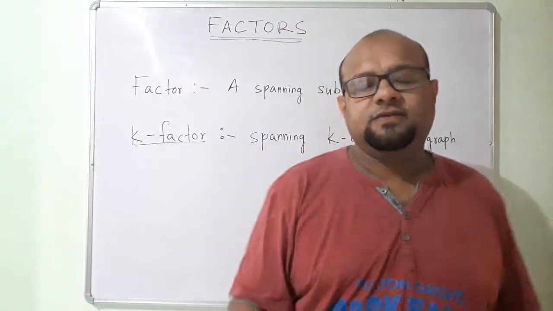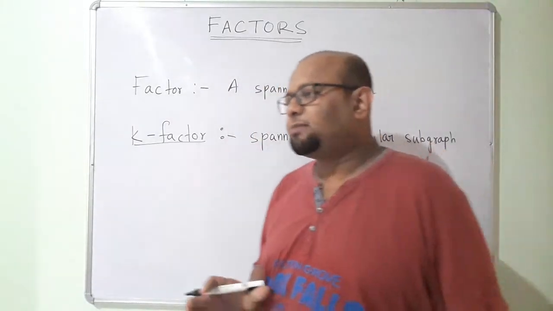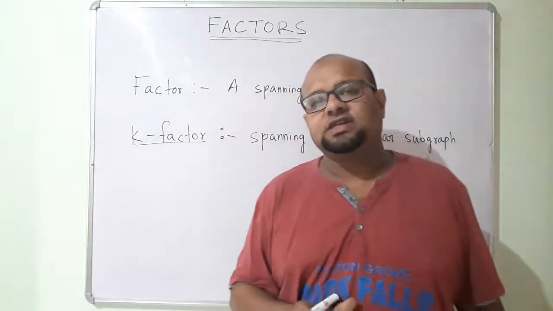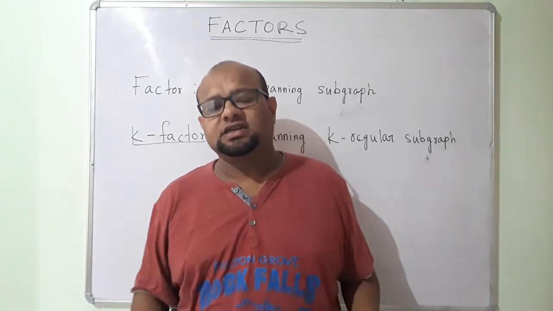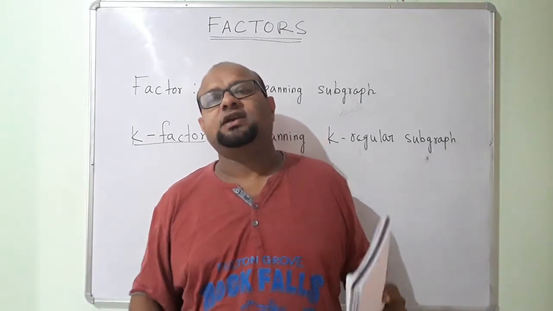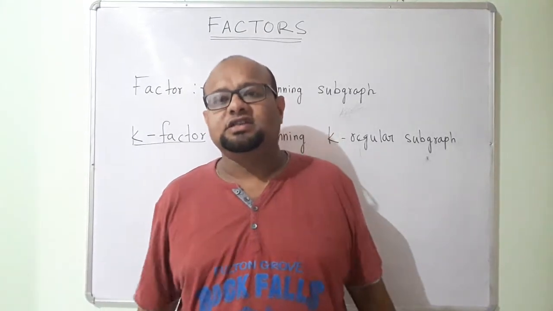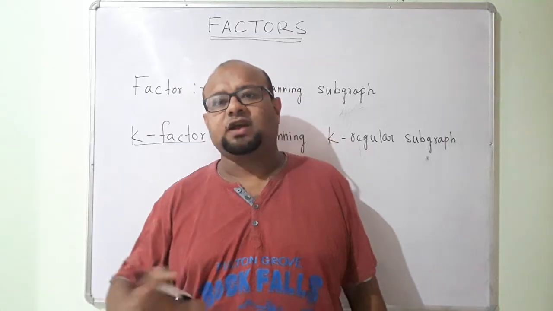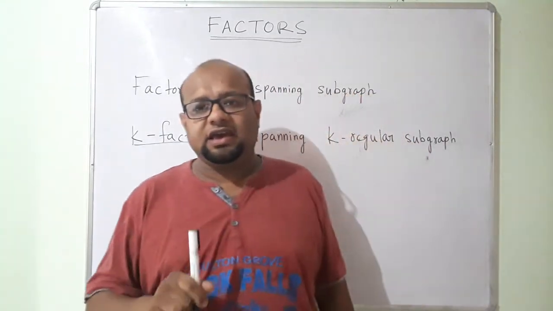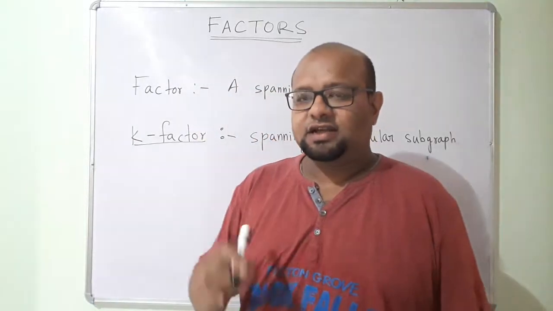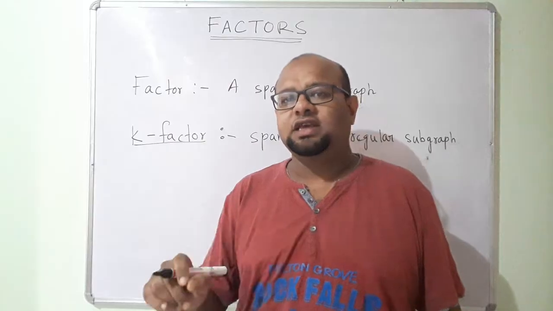Previously when we were talking about a spanning subgraph, we were not saying anything about the degree of the vertices. A spanning subgraph had this restriction that all the vertices that were there originally have to be in the subgraph. That would give me a factor or a spanning subgraph. Now a k factor has this restriction that all these vertices should have degree equal to k.